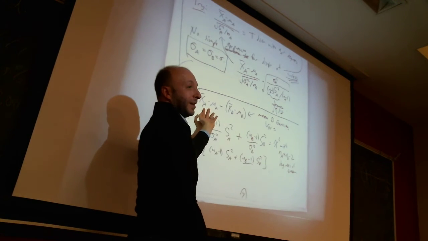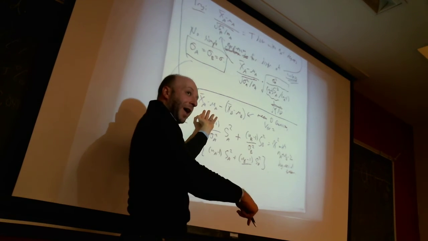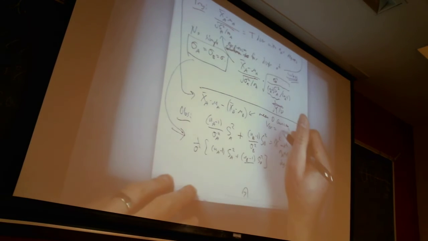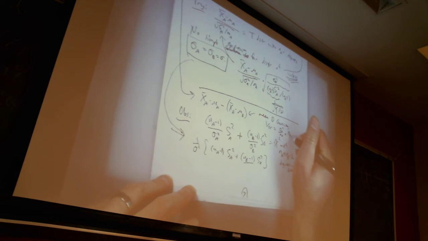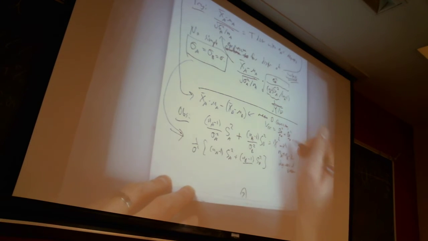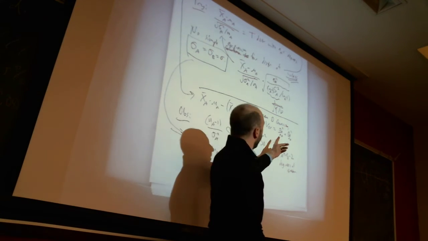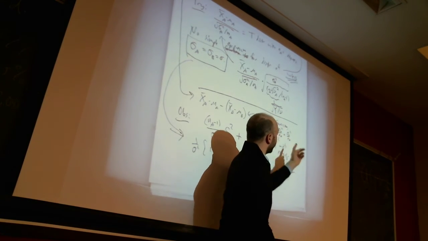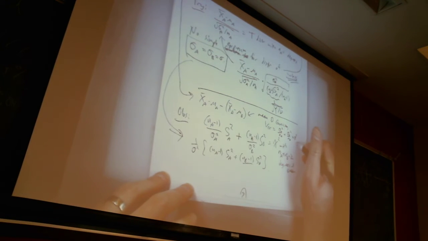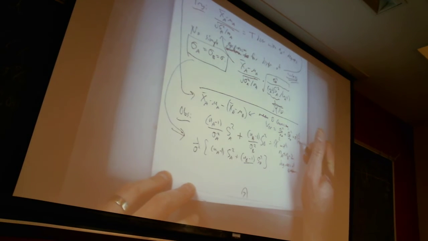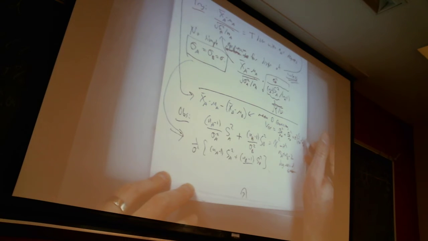The variance of this one is sigma a squared over na plus sigma b squared over nb. And if we had different sigmas, we wouldn't be able to write this as just sigma squared times 1 over NA plus 1 over NB.